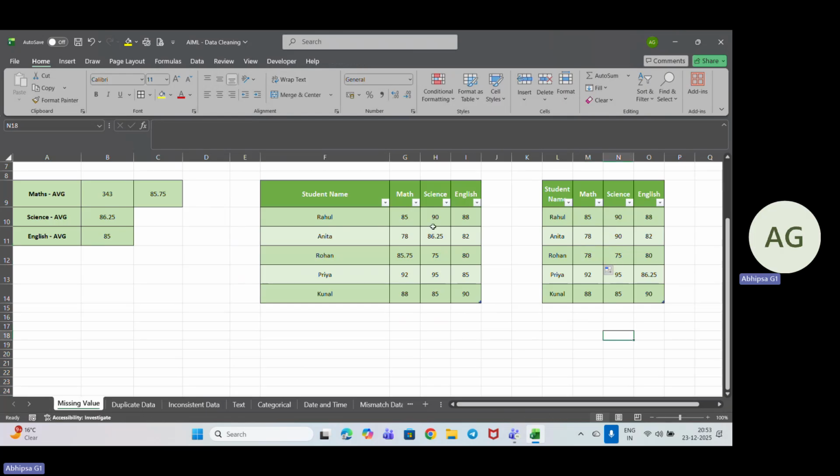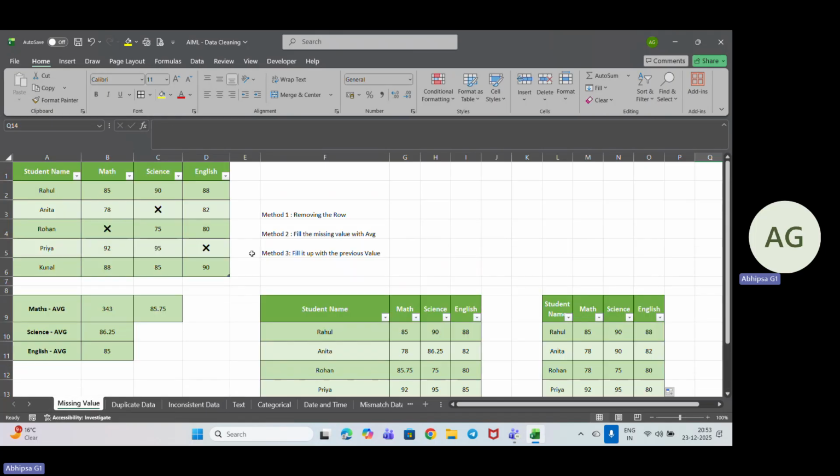Of course, we have filled it for this, right? So this we will fill up with this value, and this is also empty, so we will fill it up with this value. Okay, so this is how we fill up with the previous value. We will be doing this with code in Python, of course.